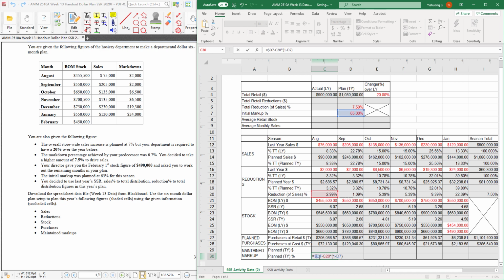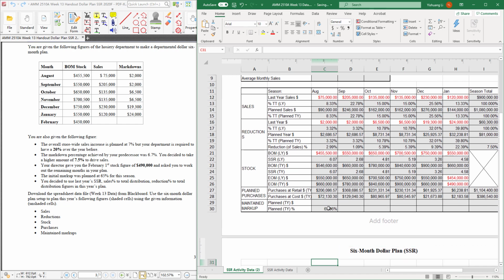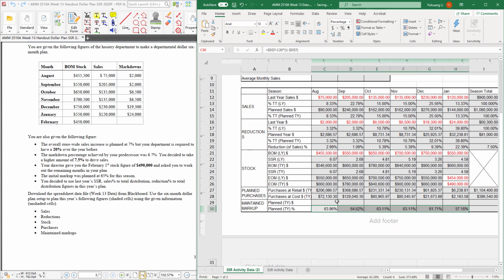Make sure we are always using the IMU percentage cell and fix it with dollar signs and drag it through. Okay. And the maintained markup in dollars would be the percentages times the sales number, since everything is expressed as a percentage of sales. And make sure you are selecting this year's sales in dollars.